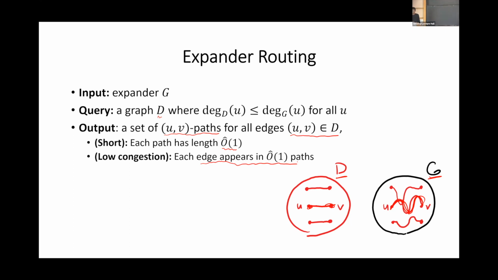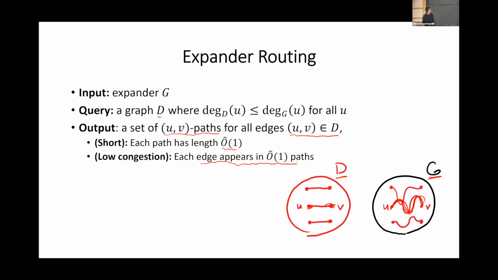If you don't care about the algorithmic question and just care about the existence of this set of paths, then you can actually show that, if the expansion is constant, these 2 things, the length and the congestion, can be logarithmic. But now I'm going to relax it a bit to a subpolynomial factor.